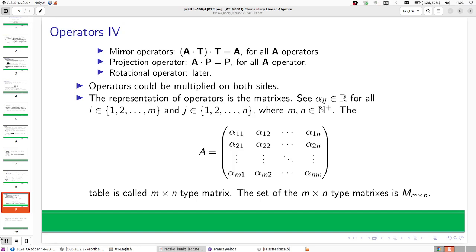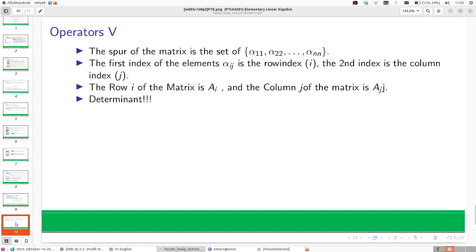If you have an element, it's alpha i,j, then the index of the row is i, and the second index is the column j. And this is the spur.